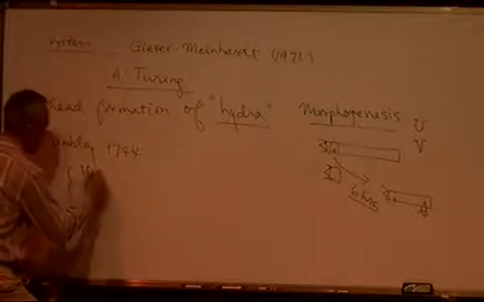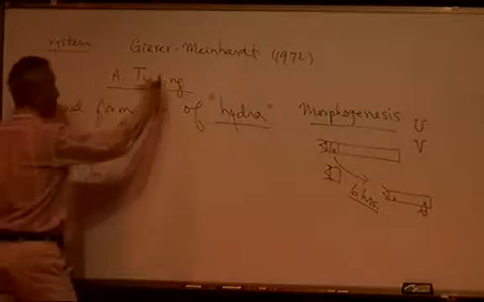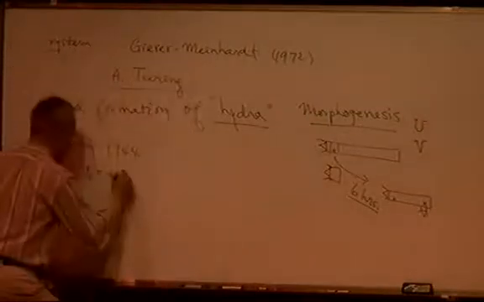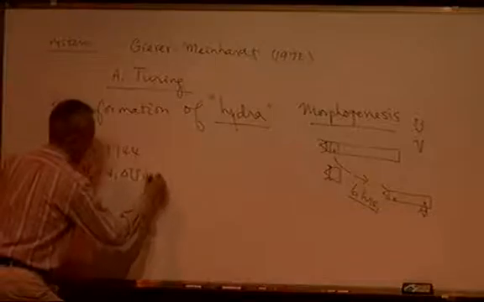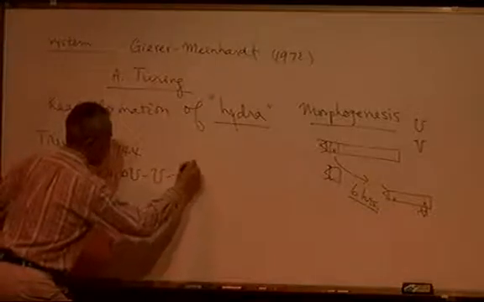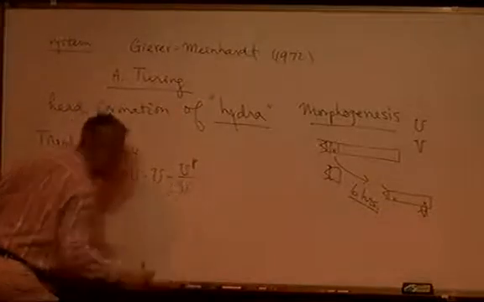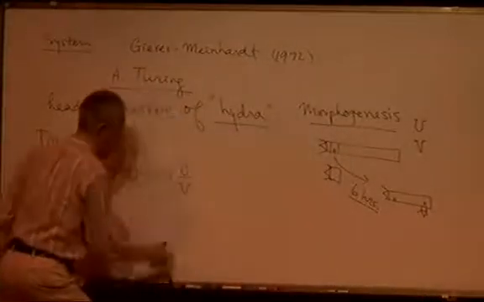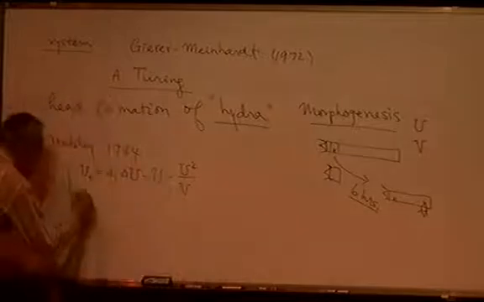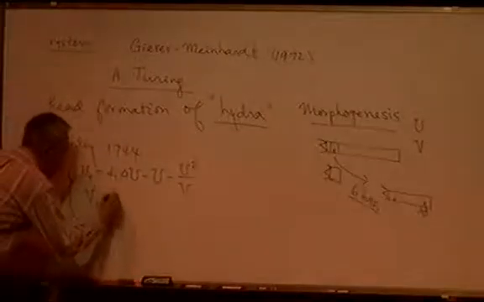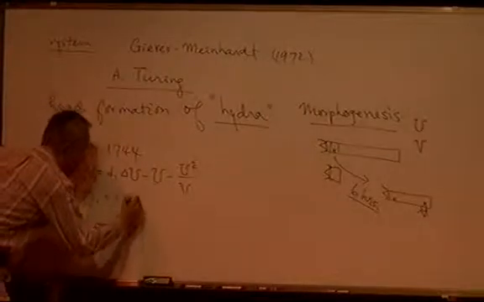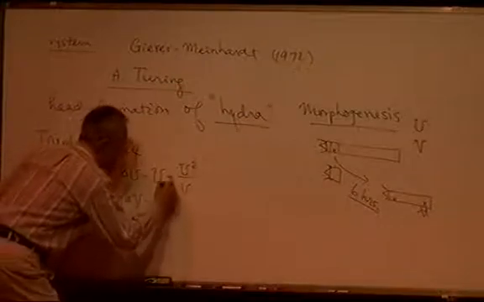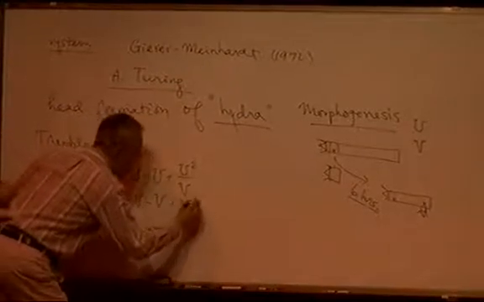u_t equals D1 Laplacian u minus u plus u^p over v^q. The equation that Gierer and Meinhardt wrote down was the following. Let me just write down some examples: u squared over v, and then v_t equals D2 Laplacian v minus v plus u squared.